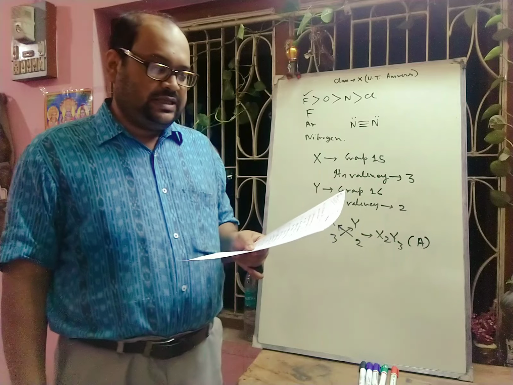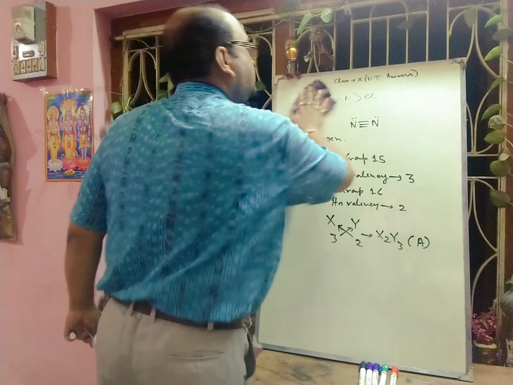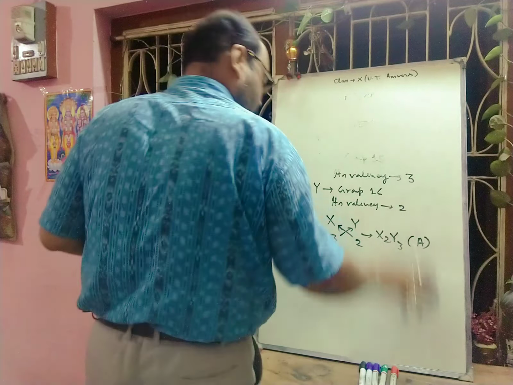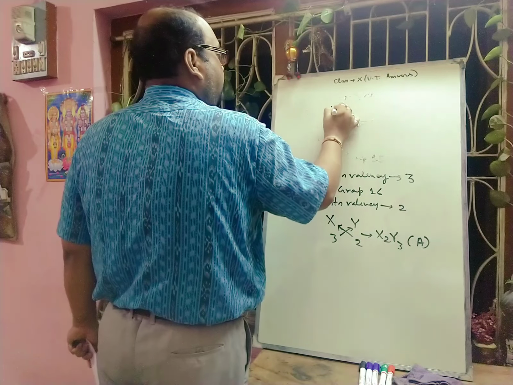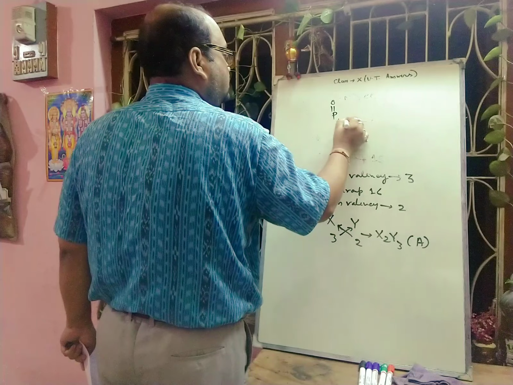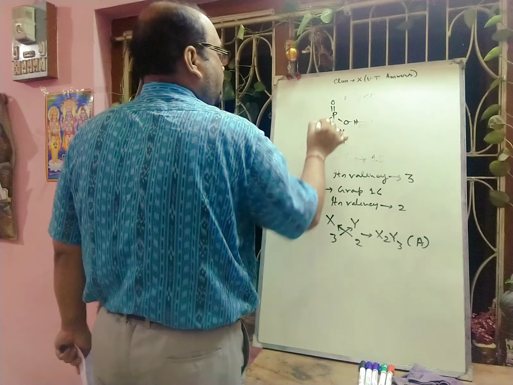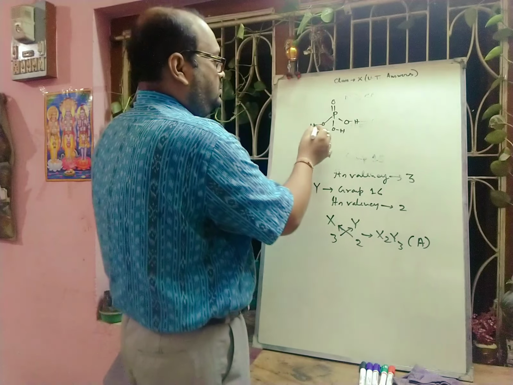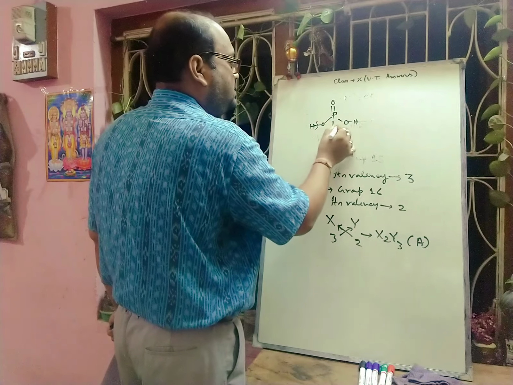Next: what is the basicity of H3PO4? Here you should know the structure of H3PO4, then you will be able to understand. H3PO4 is phosphoric acid, with P double bonded to O and OH groups. Three hydrogens are attached with oxygen, so these three hydrogens are replaceable.